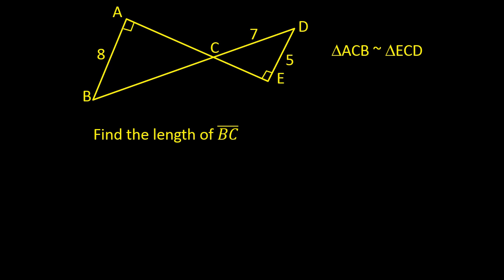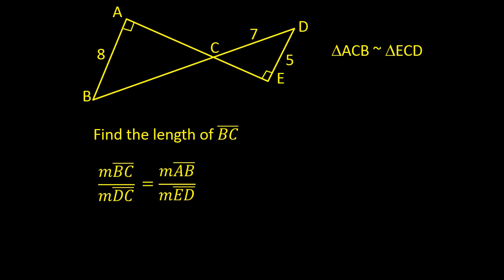Well, we need to set up some proportions to show which sides are proportional to each other, which sides form those equal ratios. So BC, which is the side we're looking for, is a corresponding side to side DC. One thing to look for in the picture is that in both triangles, those sides are opposite the right angles.